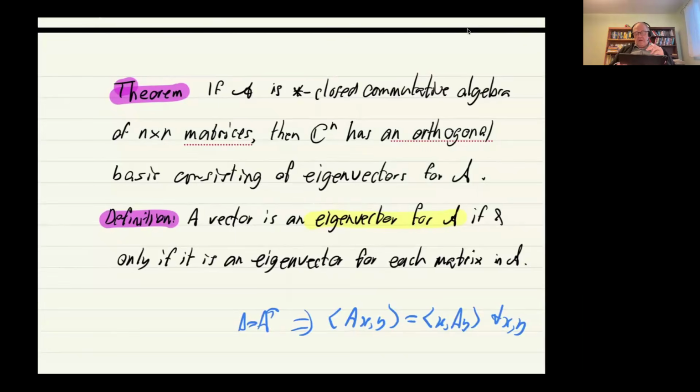And one consequence of this is that if A fixes a subspace U, then A fixes U perp. Okay, so now we found our eigenvector. We have a one-dimensional space spanned by it. That gets fixed. We call that U. Now A fixes U perp.